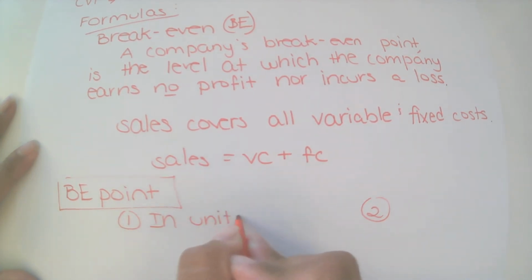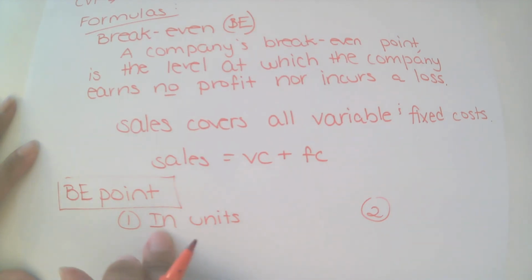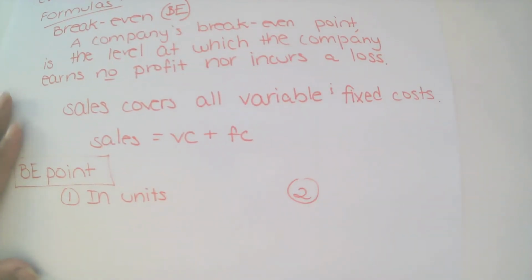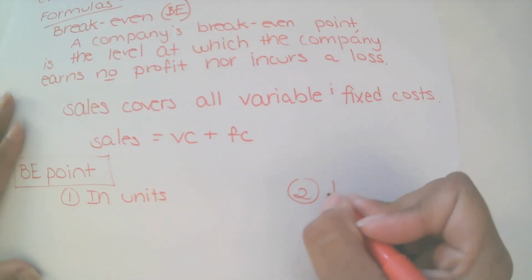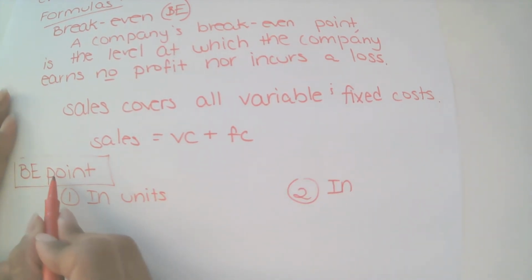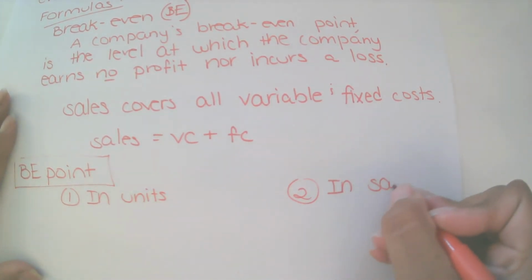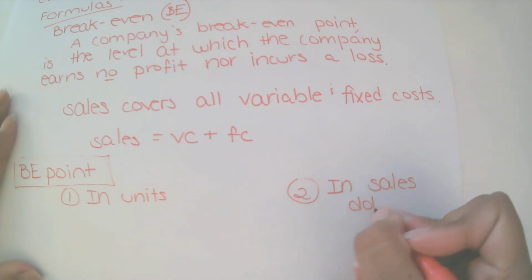We can tell them how many units they need to sell to cover all their costs and not be in a loss position, right? So if they're a t-shirt manufacturer, how many t-shirts do they need to sell to cover all those costs? So in units, we're going to put it in a quantity for them. The second one is we can express the company's break-even point in sales dollars.